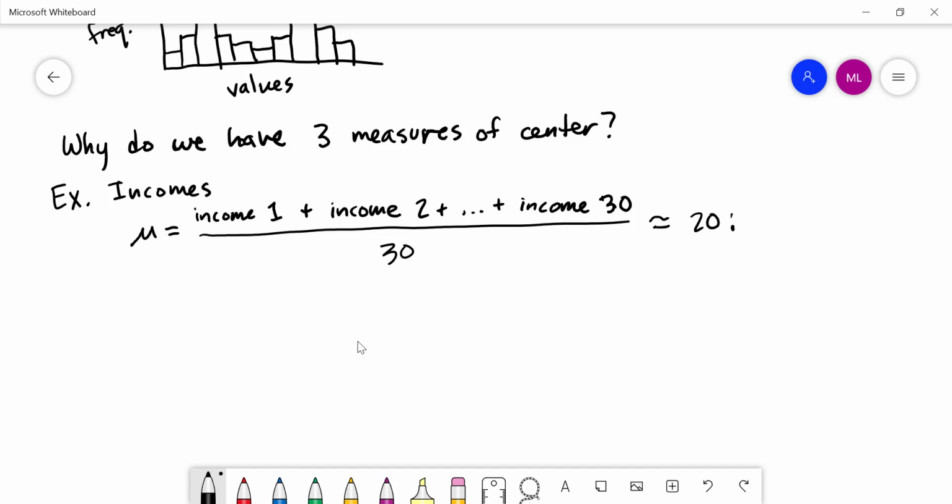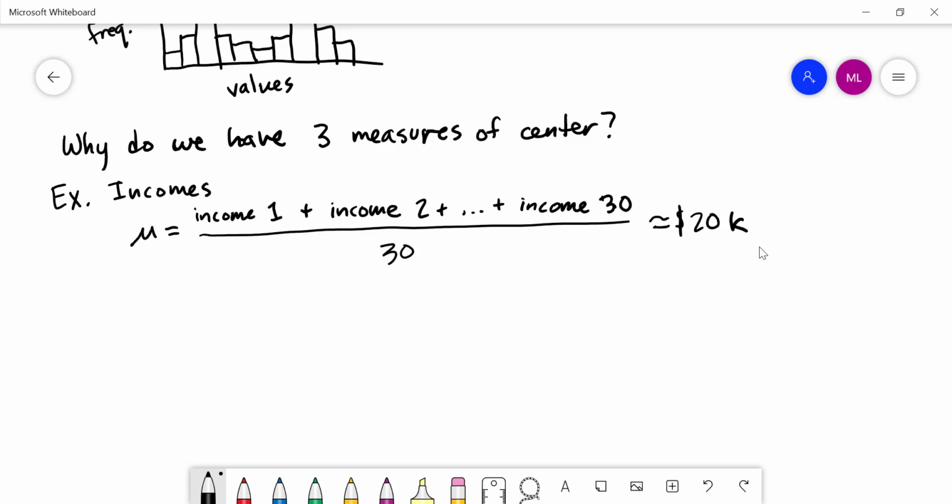So, hypothetically, $20,000 is the average income of the person in the class. We've got some people that make zero money because they're just full-time students. We've got some people that have full-time jobs, and this is the only class they're taking. Maybe they make $40,000, $50,000, $60,000 a year. And once we average them all together, we wind up with $20,000 a year.